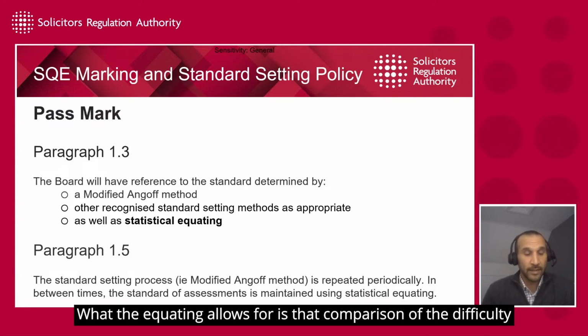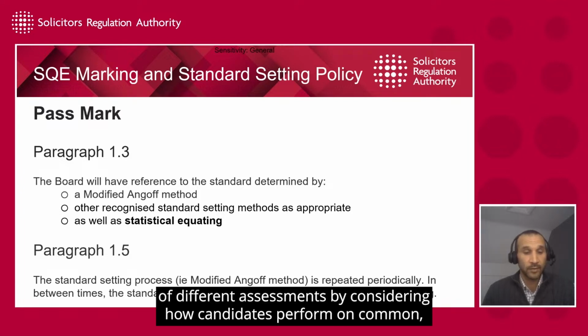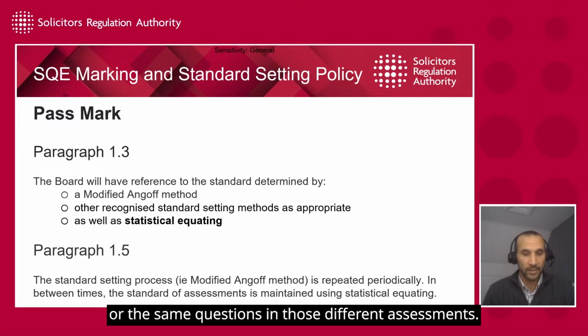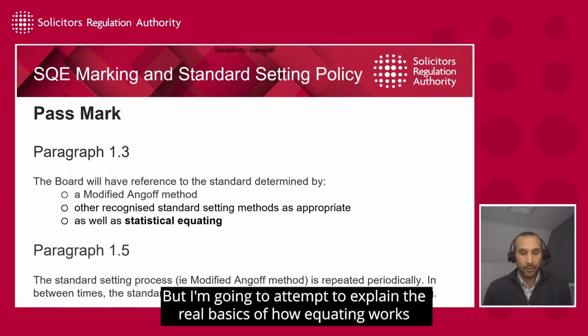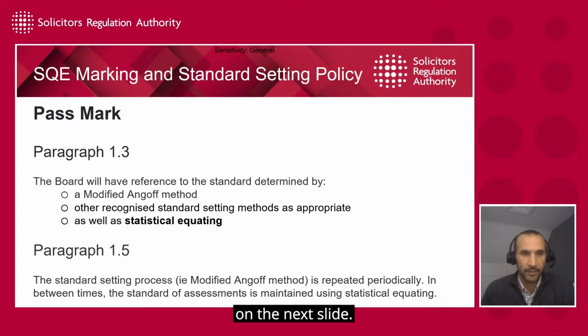And what the equating allows for is that comparison of the difficulty of different assessments by considering how candidates perform on common or the same questions in those different assessments. So equating is actually quite a complex statistical procedure, but I'm going to attempt to explain the real basics of how equating works on the next slide.